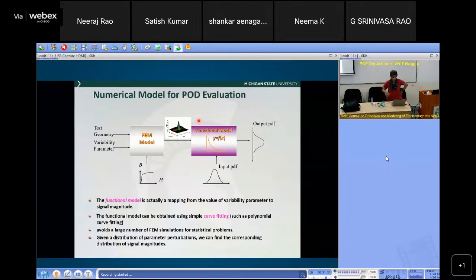And you can use the model because you're doing multiple simulations and you're varying, for example, what is the POD with respect to liftoff variation or with respect to a particular parameter or dimension of the sensor. So you can actually model those, liftoff can be varied systematically, and you can generate what's called a transfer function, something like this.